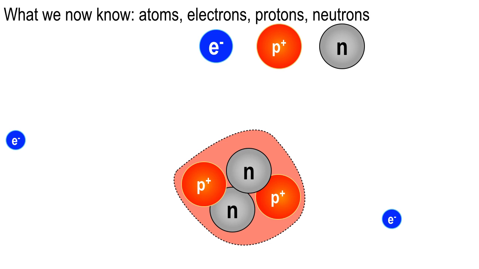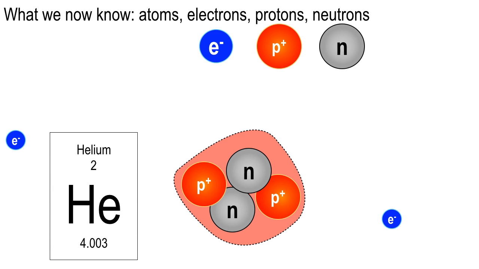The Rutherford model of the atom was a nucleus and electrons zipping around on little tiny orbits like little planets orbiting the sun. And this particular diagram is a diagram for helium. That is a helium-4 nucleus and 2 electrons making up a helium atom.